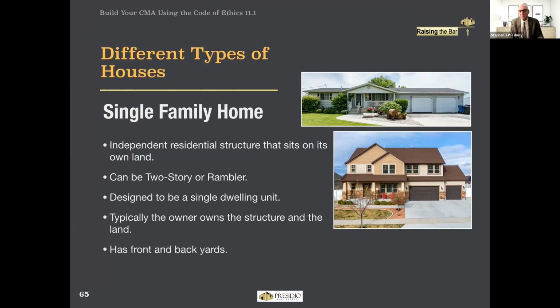As front and back yards, I can also never understand why you call it a yard over here. In England, we just call it a garden. Did you know that? A front garden and a back garden. Over here, we call it the yard. In England, the yard is like the commercial yard where you put all the lorries and the semis and the trucks. Or you send the horses to the knacker's yard. So I came over here, we found out it's the front yard and the backyard. I still struggle with that because I think it's my front garden, my back garden.